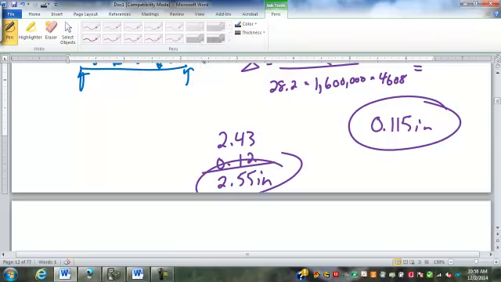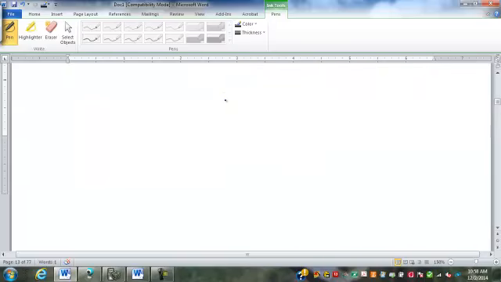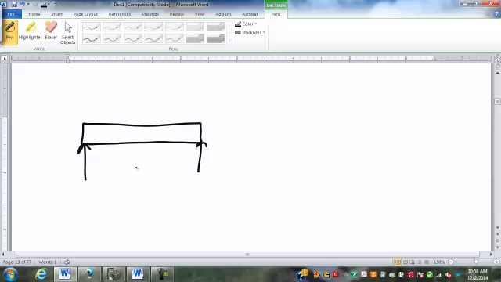So I want you guys to try one. We're going to do a simply supported beam. We're going to go a 14-foot span, 120 PLF, with a single 1,200-pound concentrated load at center span.